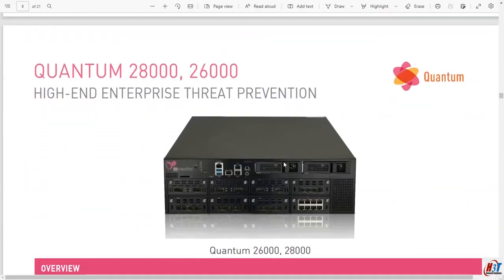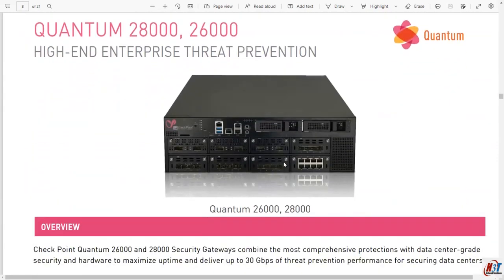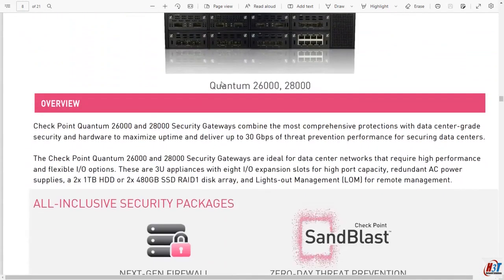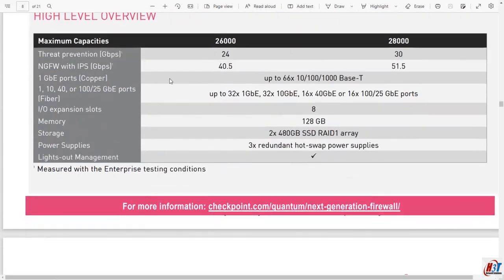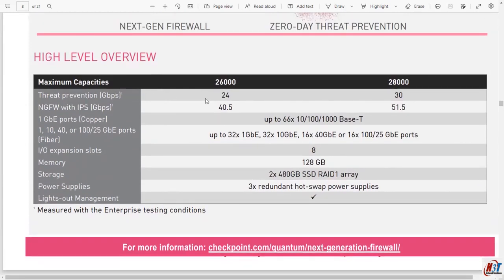Now moving next to the enterprise high-end threat prevention series, which starts with 2800 and 2600. Feature wise, you will get all the other features as well, the SandBlast. Then if you go with the threat prevention, you have 28 Gbps on the 26000, and on the 28000 you have 34 Gbps.